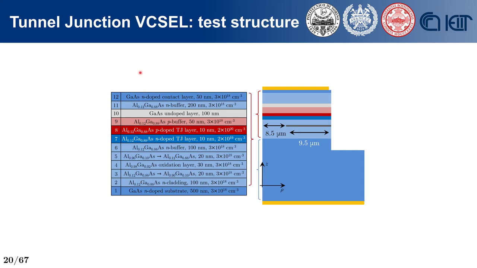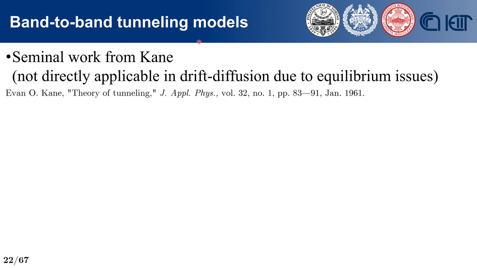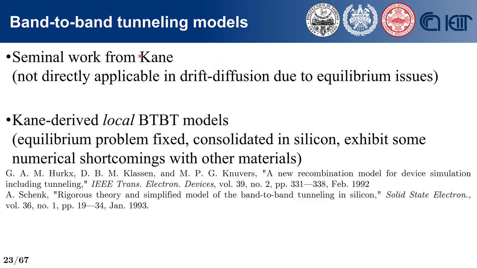Now, the critical part of this device is the fact that the tunnel junction operates according to band-to-band tunneling. So we need, in order to study this device, for instance with a drift diffusion framework, a model describing somehow the band-to-band tunneling. The seminal work comes from Kane, 1961. Quite inspiring, but not directly applicable in drift diffusion codes because it gives some problems at equilibrium.